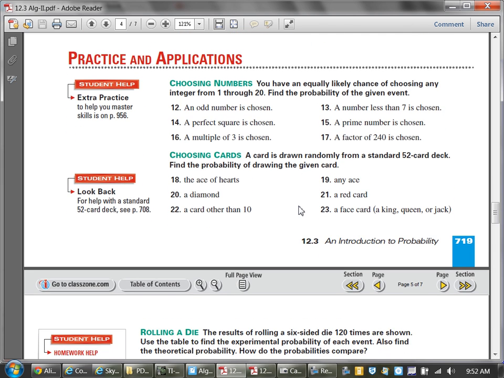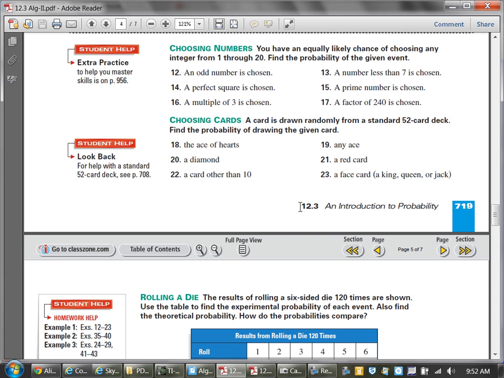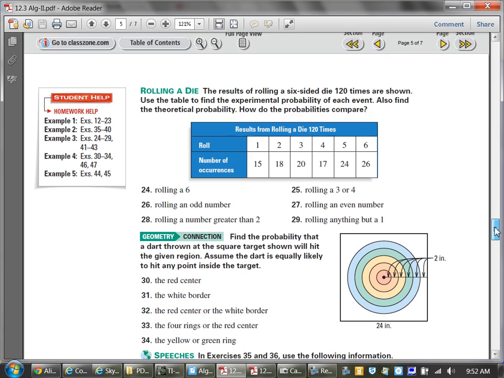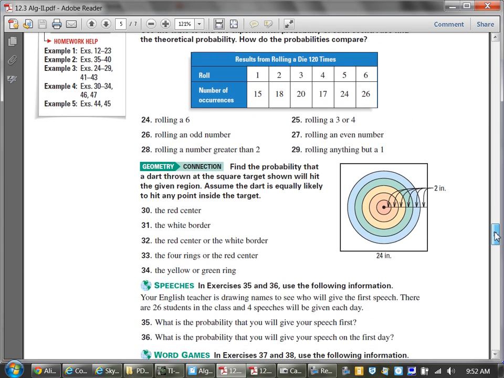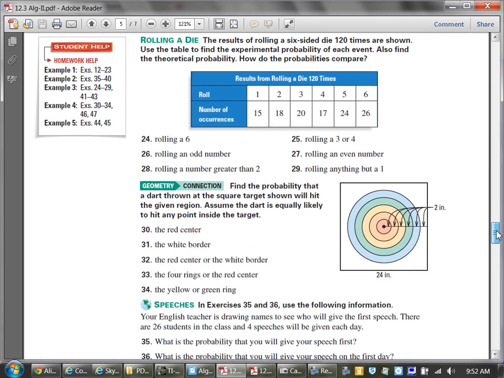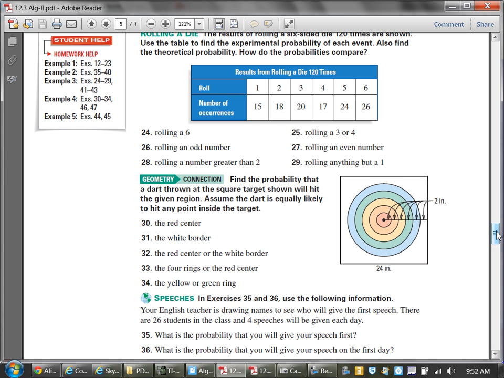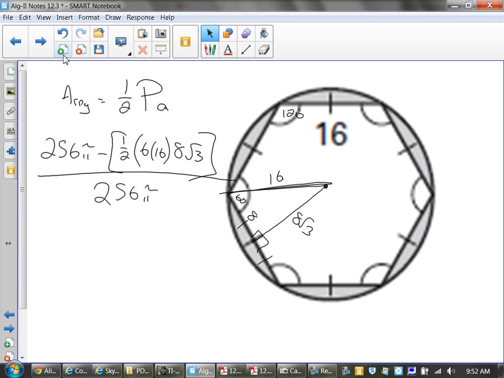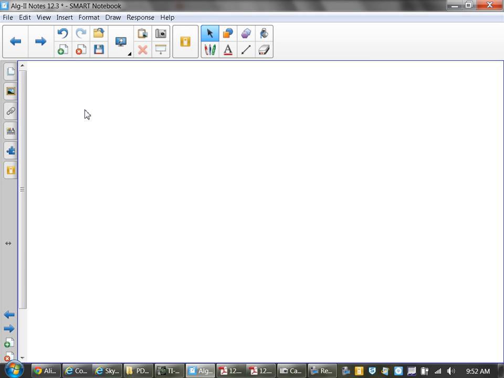What I'd like you to do is page 719, 12 through 34. I think that's good enough for now. Now, granted, we probably won't be collecting or going over any of this until next Monday.